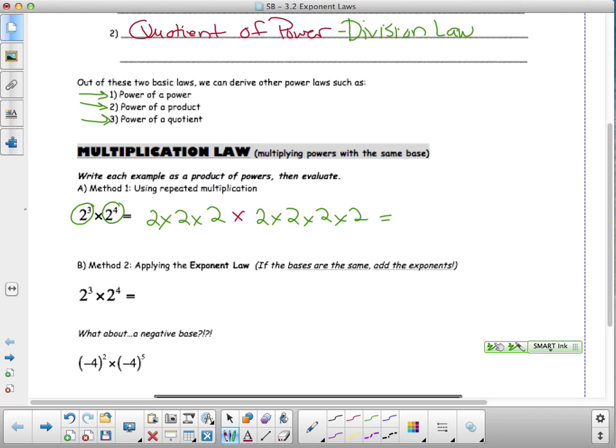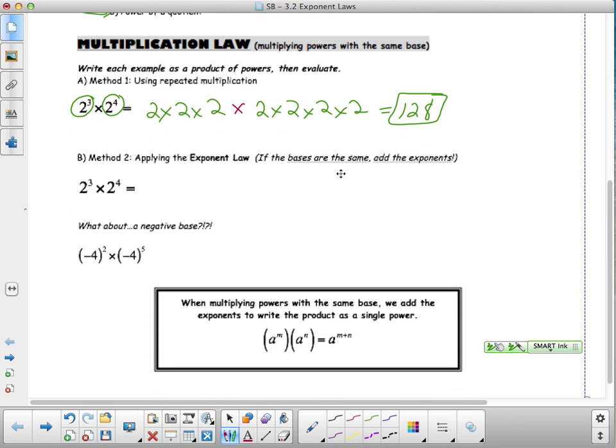At this point, I could plug it into my calculator and figure out 2 times 2 times 2 times 2, continue on, and it's going to be 128 as my final answer. Another way, if we apply this first exponent law of multiplication, the product of powers, is that we are going to add our exponents.